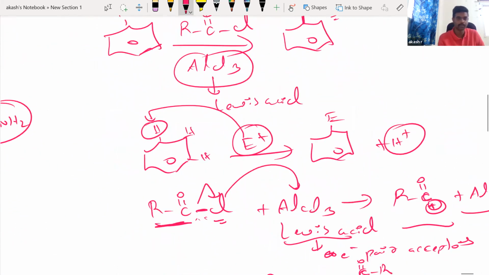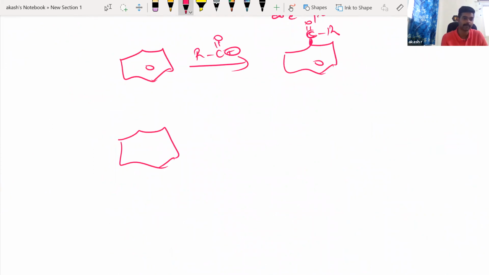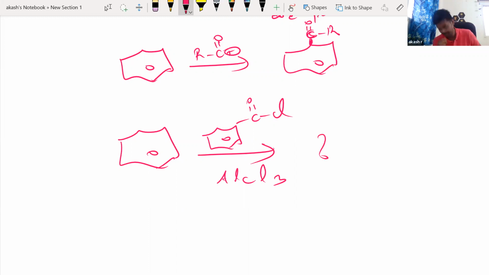Okay, now maybe if I give you one reaction like this, I have benzene and I'm making... tell me what is the product. So the R is what is changing here. The R is now what?